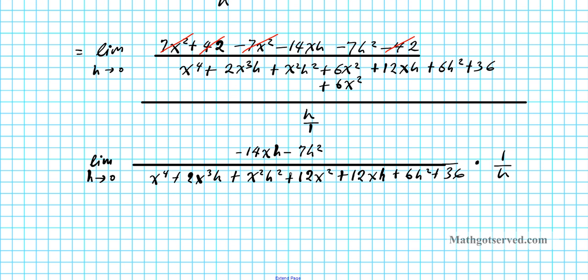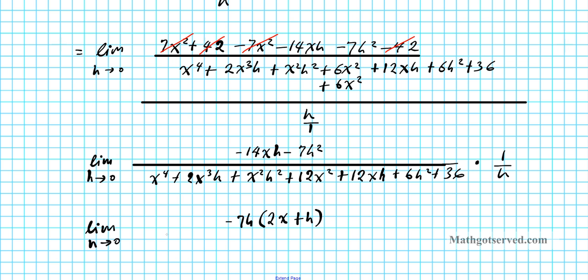All right, now let's factor out a common term out of this numerator here and see if we can start evaluating the limit as h goes to 0. So what can I factor out here? I can factor out negative 7h. If I factor out negative 7h, I'm left with 2x plus h. That's for the top.